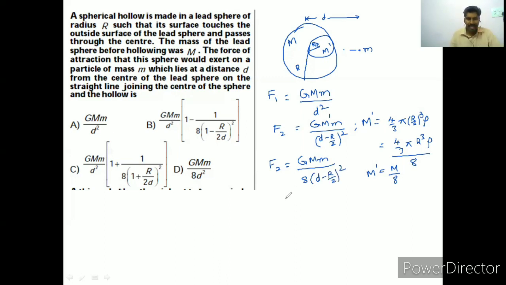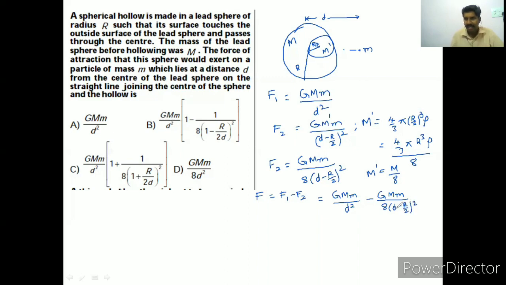So we need to calculate the required force, that is equal to F is equal to F1 minus F2. So the F value, how much we got? G m m by d square minus F2, G m m by 8, d minus r by 2 whole square.